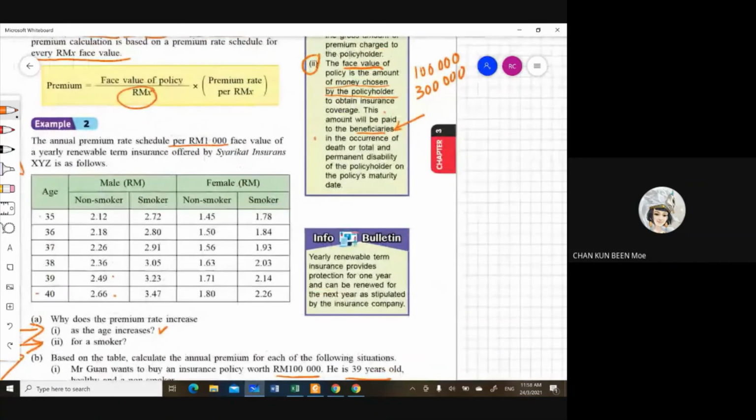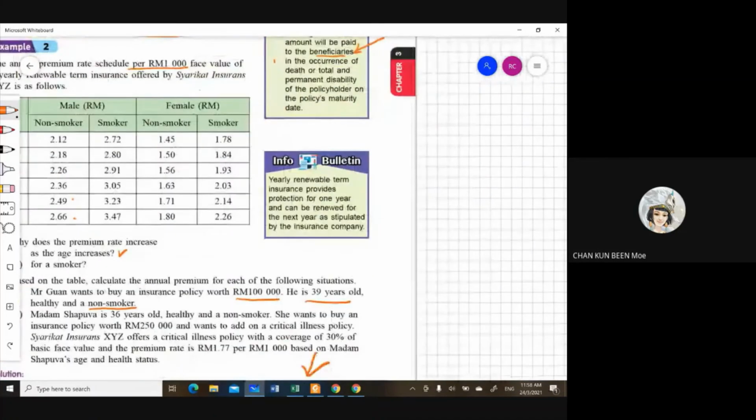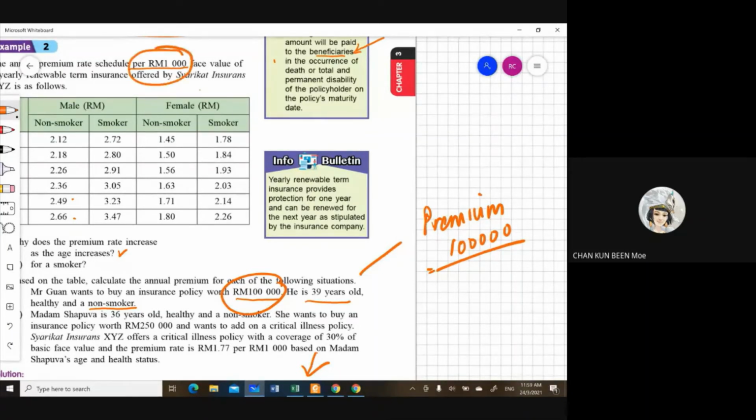It's equal to the face value of the policy over RM1,000 and multiplied by the premium rate per RM1,000. So I'm going to show you straight away: the premium is equal to the face value. The face value is 100,000, over the RM1,000 from just now.